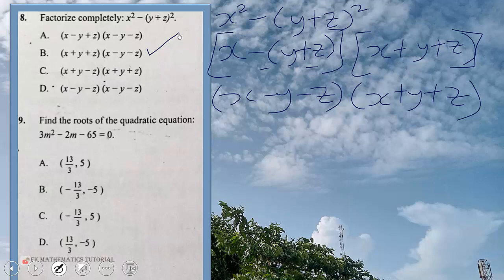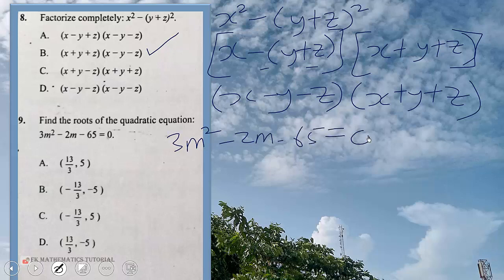We have to find the roots of the quadratic equation 3m squared minus 2m minus 65 equals 0. So we have 3m squared minus 2m minus 65 equals 0.